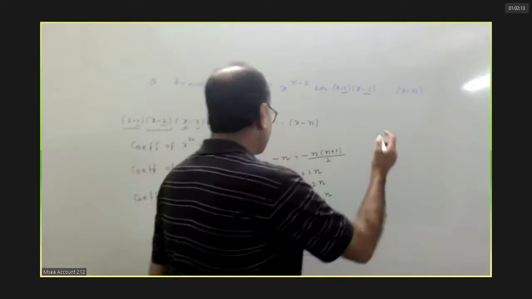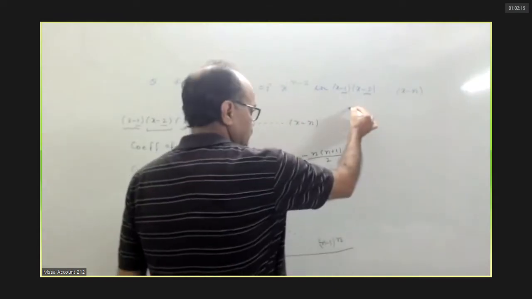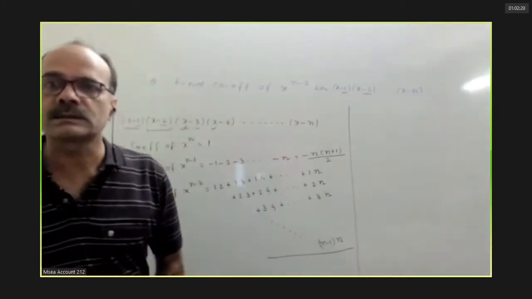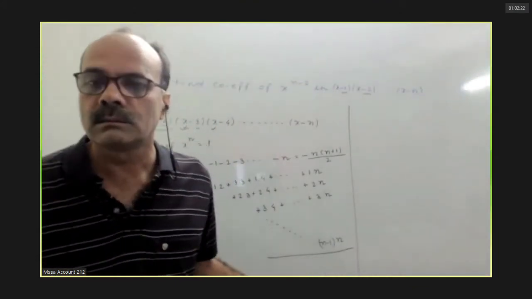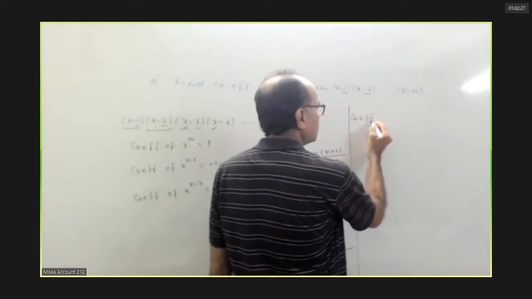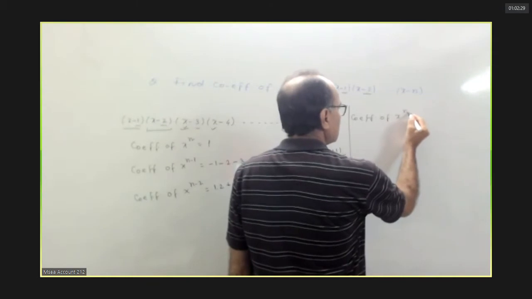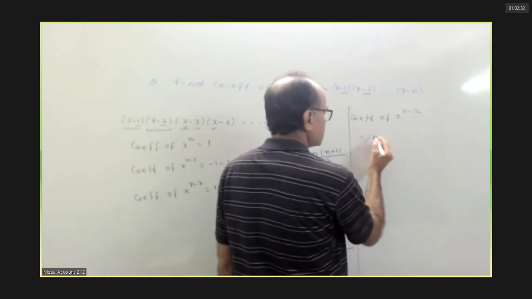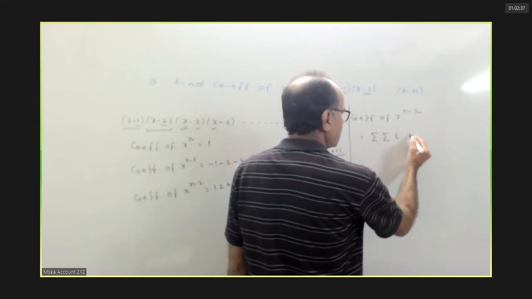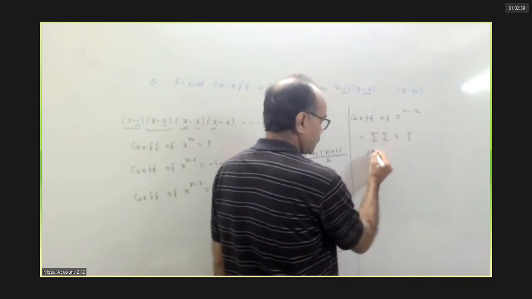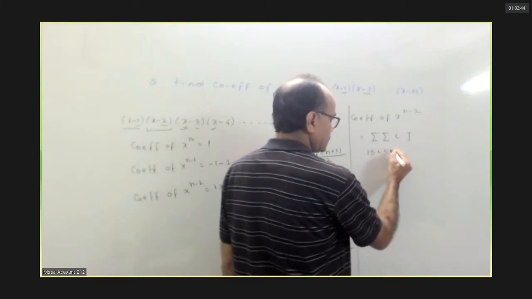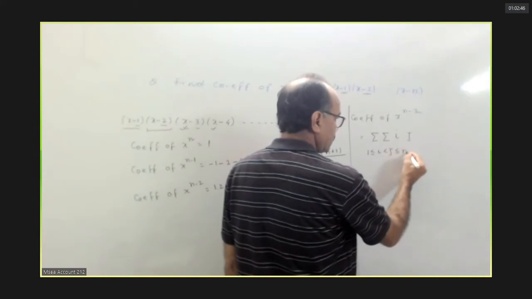Here this is nothing but the coefficient of x to the power n minus 2 equals the double summation of i into j, where 1 is less than or equal to i less than j less than or equal to n.